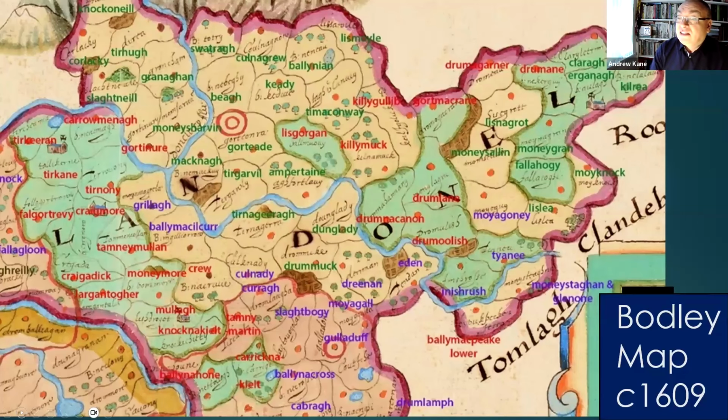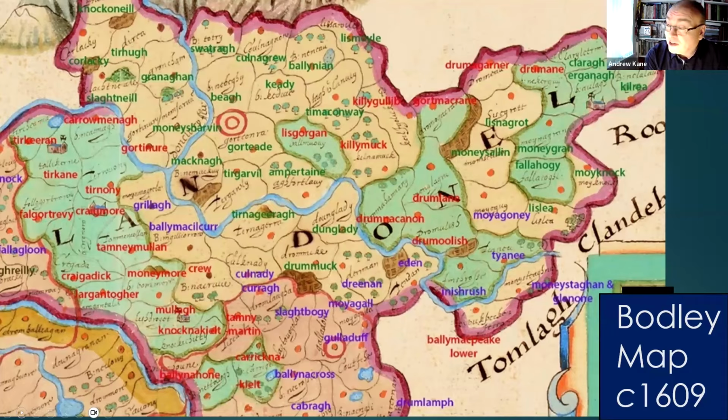All these instances are one-offs. You find them in leases or in grants and so on, but they do not cover all of Ireland. Really, the first large-scale source which I had to work with were the Bodley maps. These are maps that were created around 1609. They map the territories of the Earls of Tyrone and Tyrconnell and the Maguires, who had fled Ireland in the Flight of the Earls.